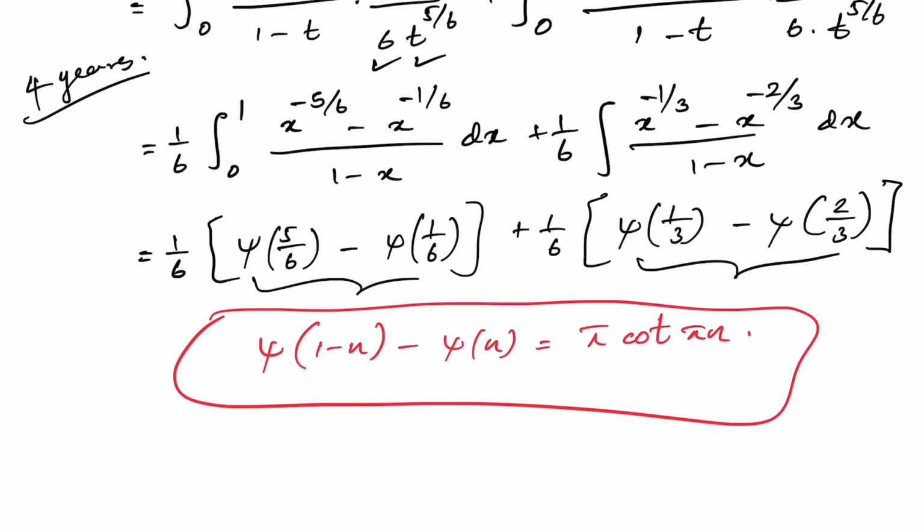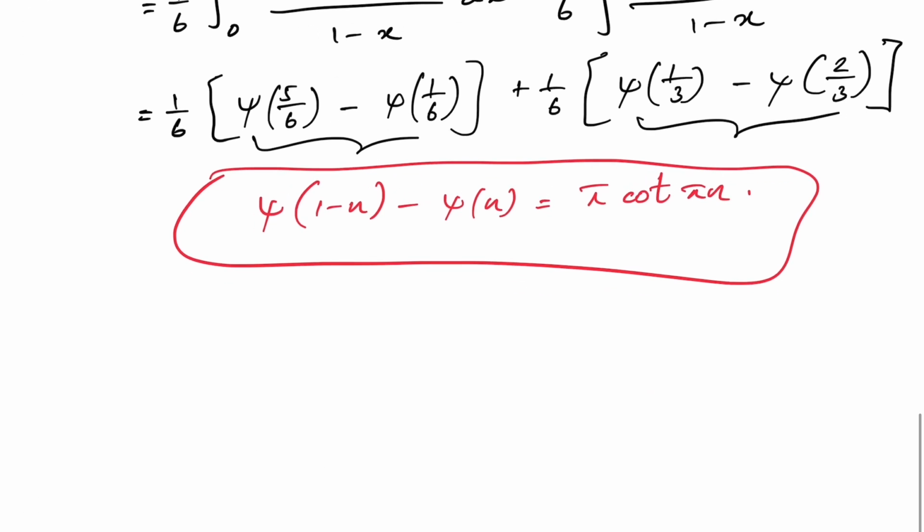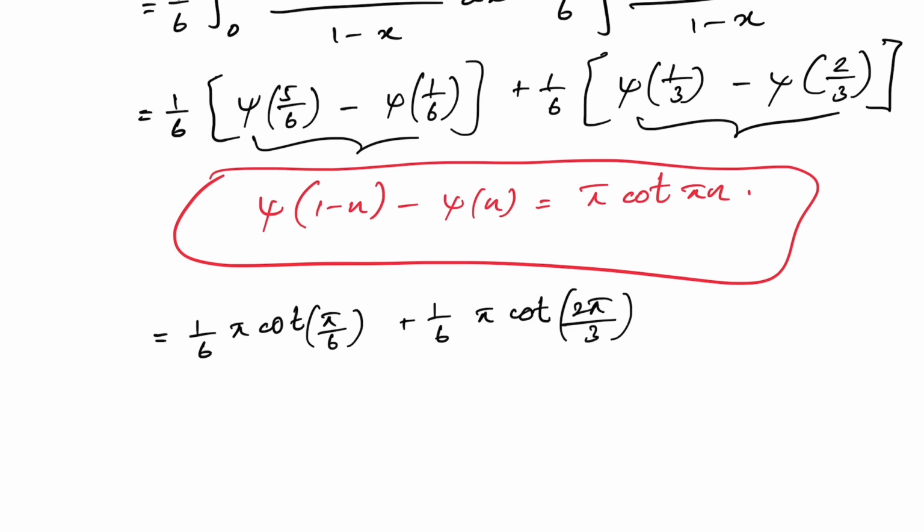Okay, now our expression: 1 over 6 times pi times cotangent of pi over 6, plus 1 over 6 times pi times cotangent of 2 pi over 3. If we simplify, this is 1 over 6 times (square root of 3 times pi minus square root of 3 over 3 times pi).